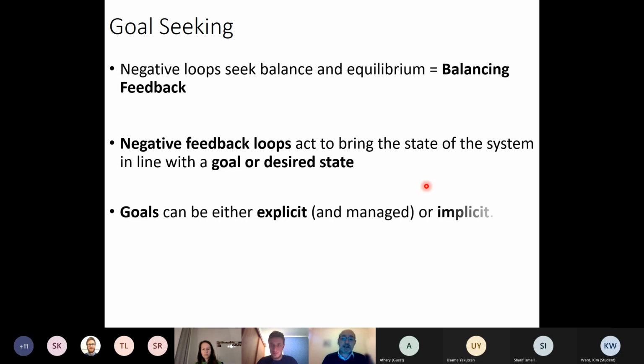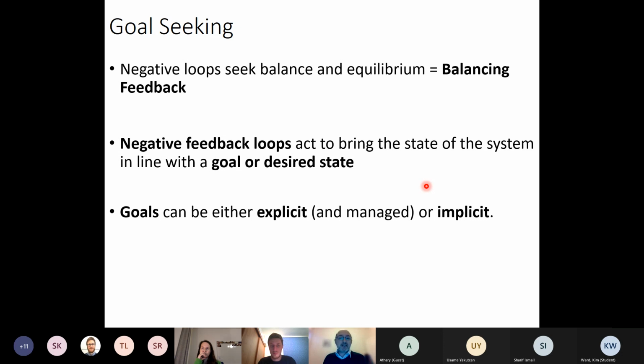Sometimes that goal is explicit, like in the previous slide, where you have a desired number of people, or sometimes it's implicit. You don't have that, but the balancing feedback process is against a depletion of a certain stock. So, for example, you may reach balancing in a population when the number of deaths drains out the population. At that point, there is a balancing.